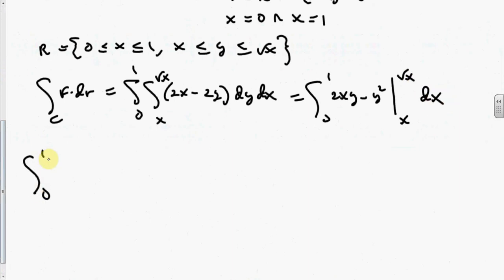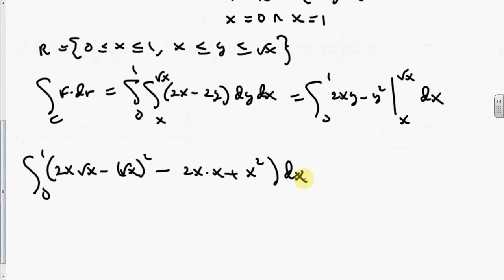It's the integral from 0 to 1. Replace the y now with the square root of x minus the square root of x to be squared. Then this is minus 2x times x plus y squared, but now y is x, so this is x squared. So here, we're not talking about conservative vector fields.